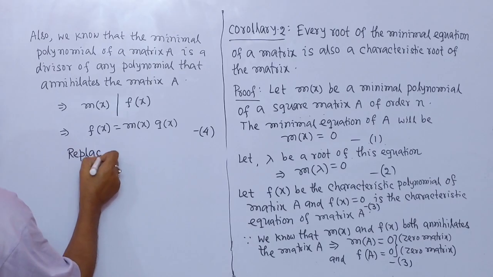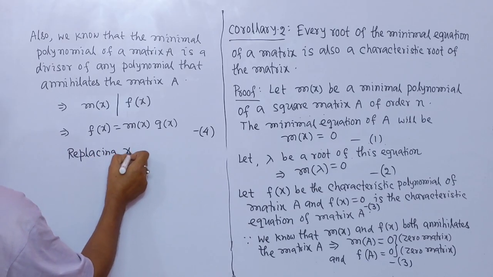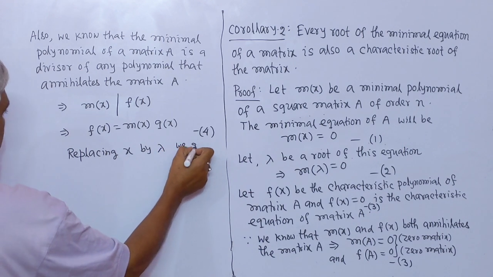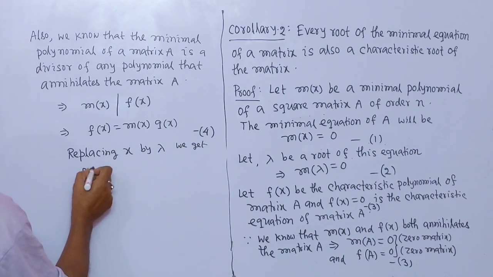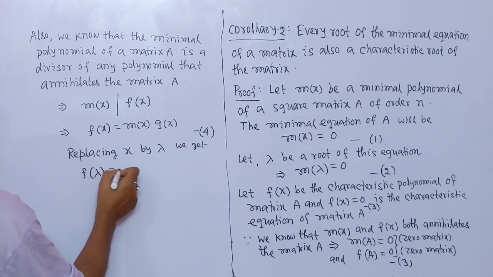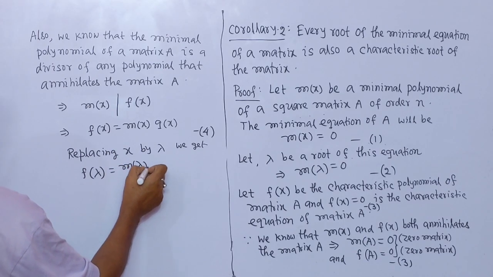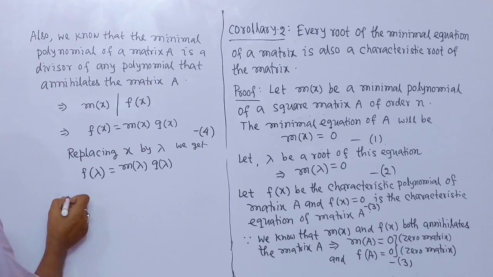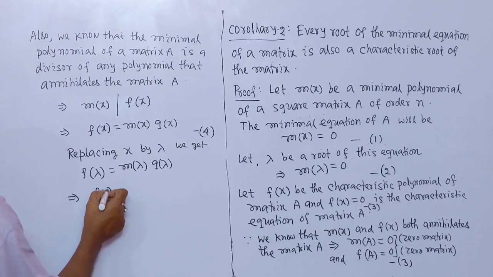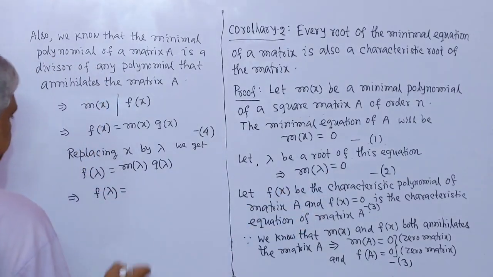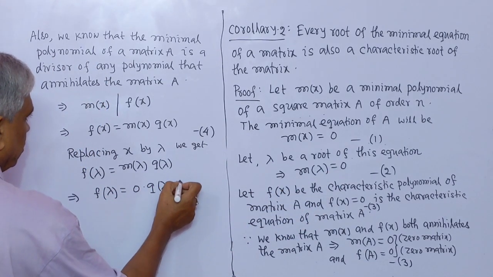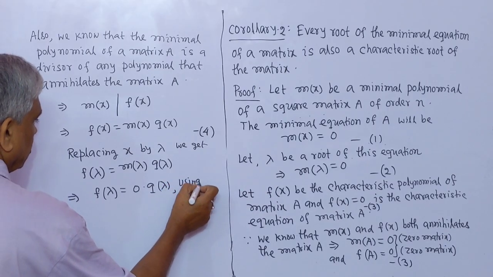Replacing x by lambda, we get f(lambda) equal to m(lambda) multiplied by q(lambda). Implies that f(lambda) equal to m(lambda), which is 0, multiplied by q(lambda), using 2.